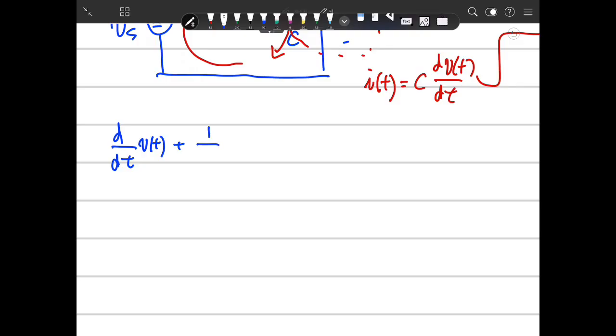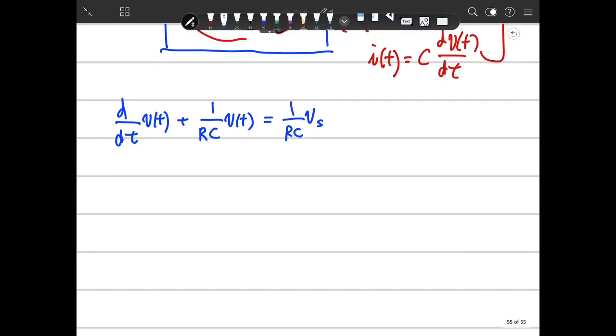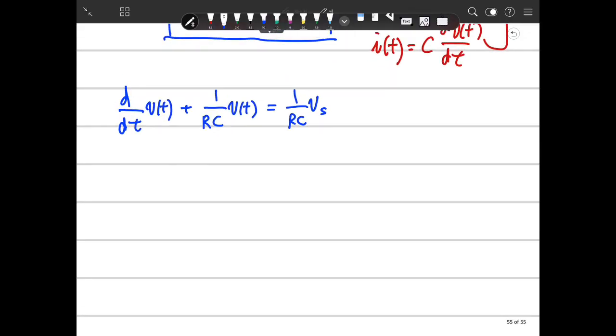VT plus 1 over RC VT will be 1 over RC Vs. You know, then we know that Vt is the VNT plus VFT.